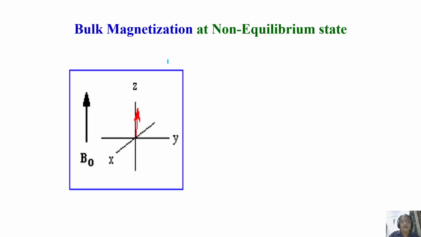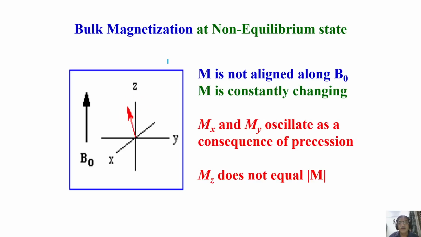Now, what happens to the bulk magnetization in the non-equilibrium state? At non-equilibrium, the bulk magnetization is undergoing precession like this. At equilibrium, it was static: Mz equal to M naught. So now M is not aligned along B naught.